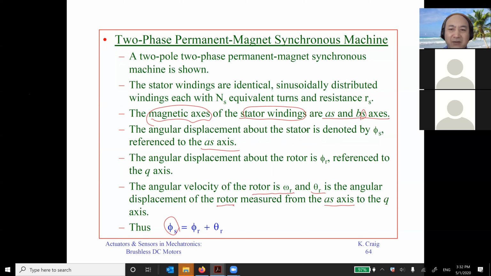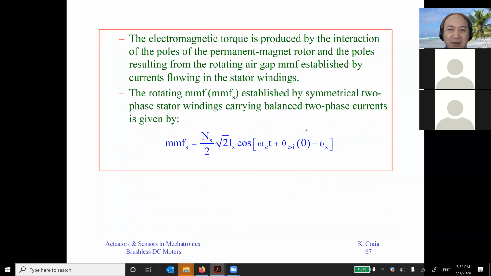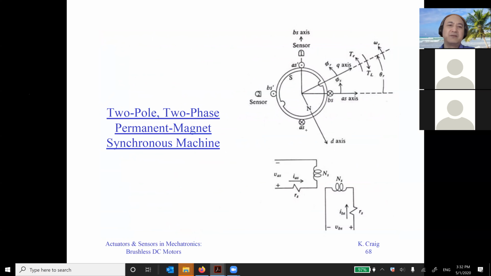The angular displacement about the rotor is phi r, with reference to the Q axis, while the angular velocity is omega r, and theta r is the angular displacement of the rotor measured from the AS axis to the Q axis. So we'll see a picture here.